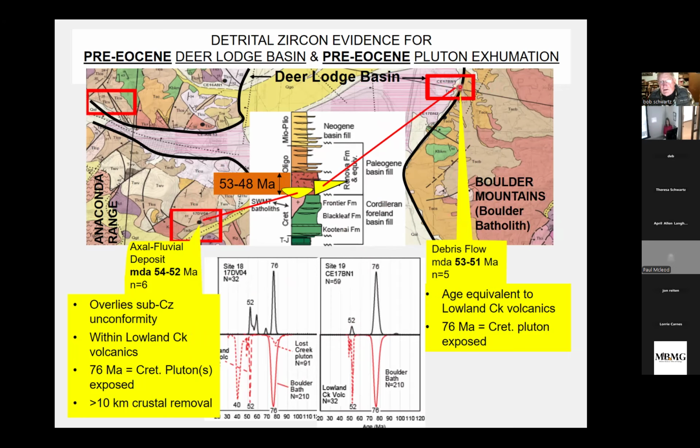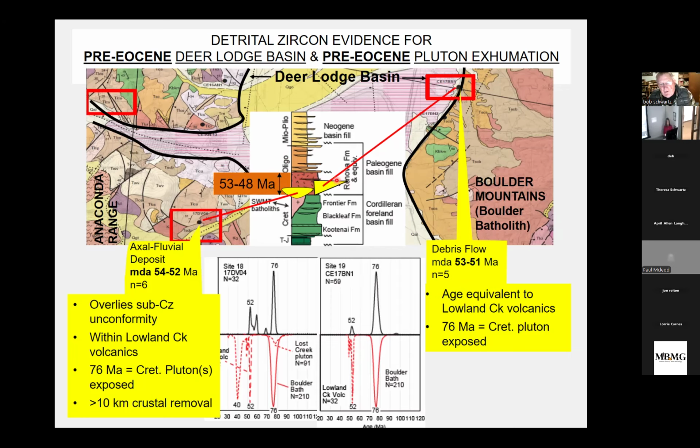Okay, let's take a look at some of these properties first. In that debris flow, there's granitic clasts, and the zircons give a maximum depositional age of 53 to 51 Ma. That is within the age range of the Lowland Creek volcanics.